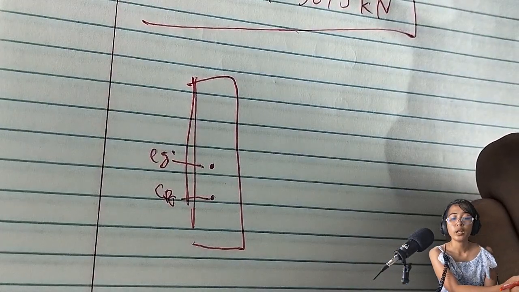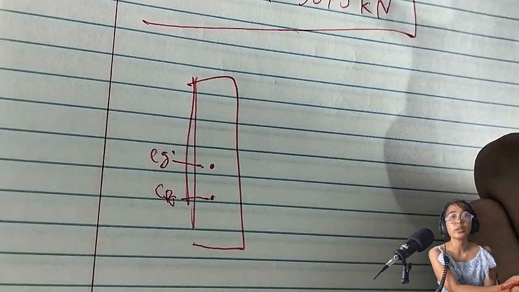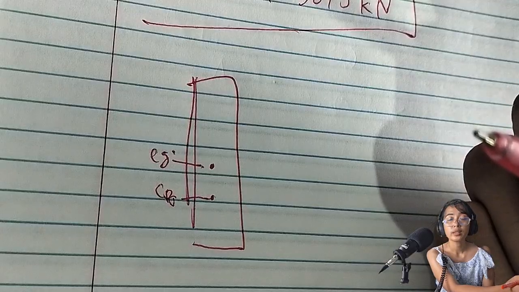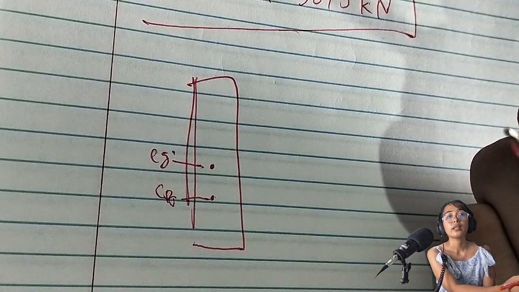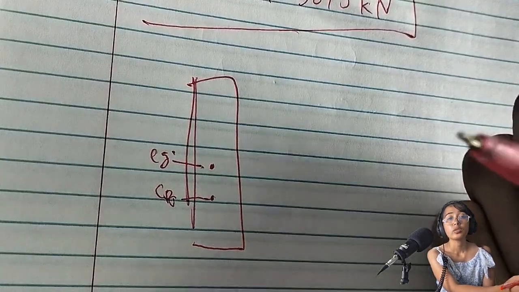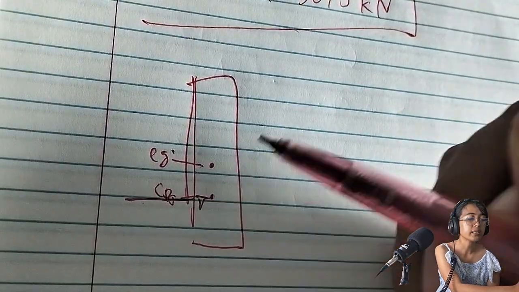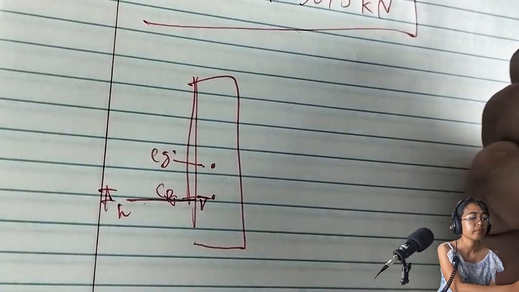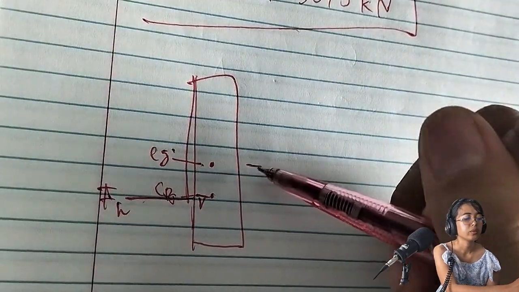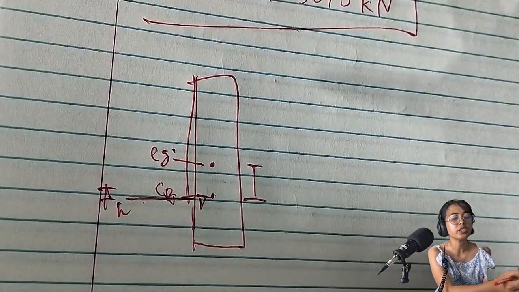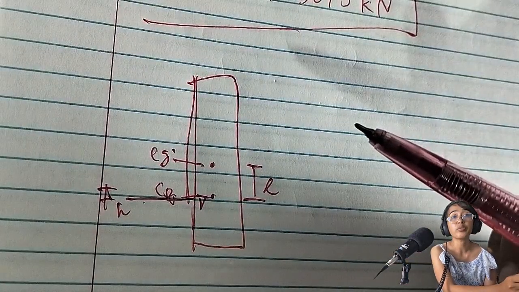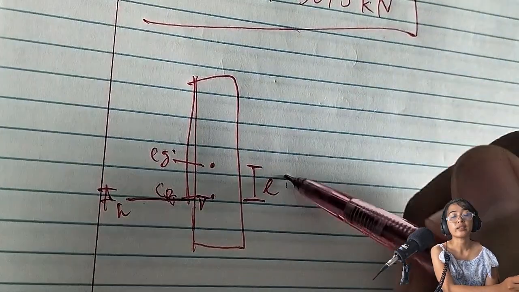Since the total pressure acting on one side of the gate is greatest at the CP, we could say that our F_H is located at the CP. So the difference between the CG and the CP is the eccentricity. The CG is always at half of the gate, which is 1.5.